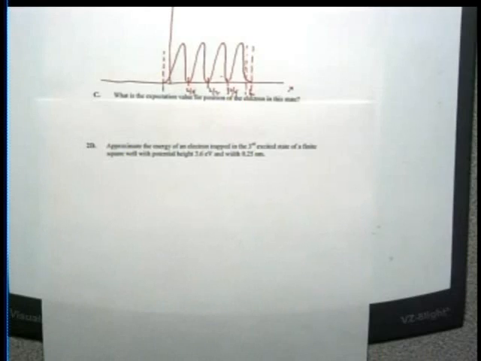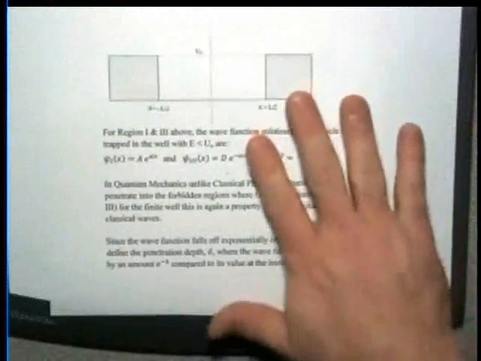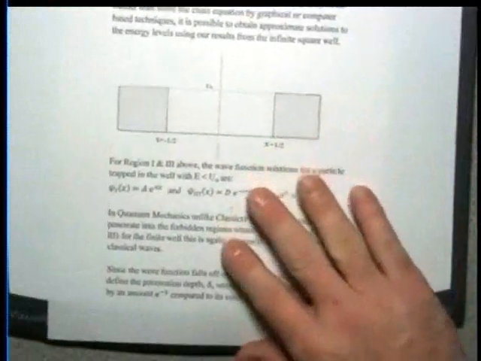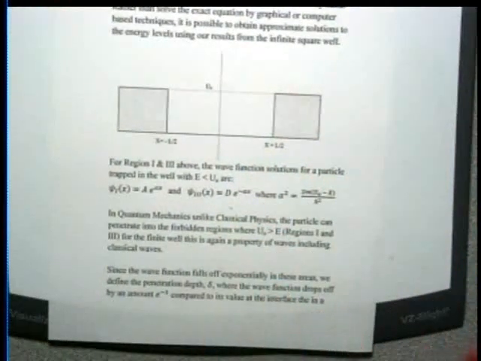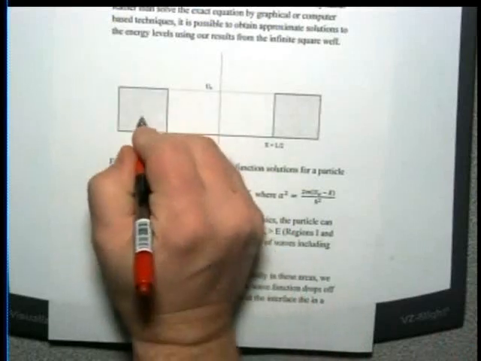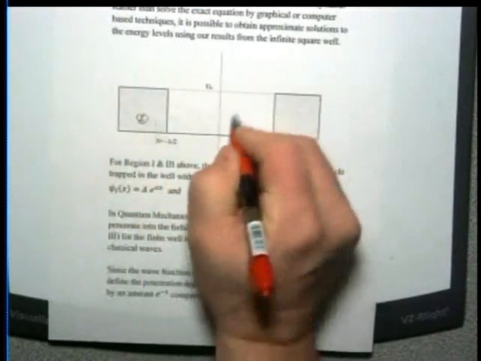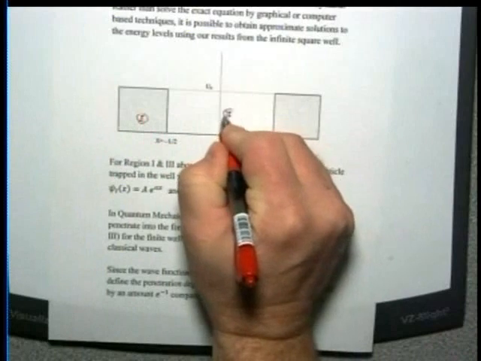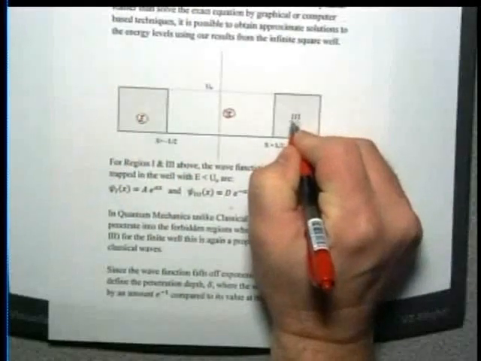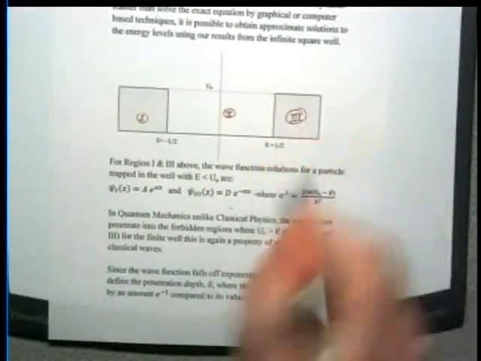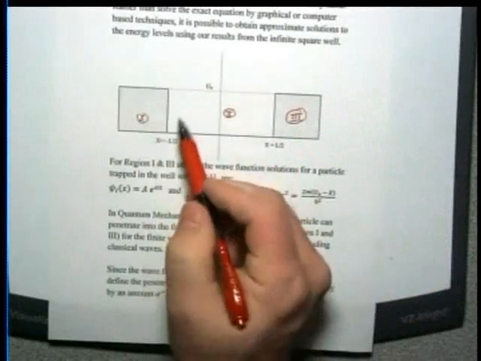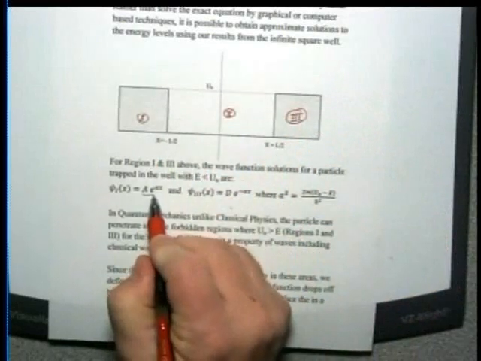So I sent you out some notes. Talk a little bit about this guy. So you have a finite well. And if you work the regions, where I call this region 1, this region 2, and this region 3. Then on this side, you have this wave function.